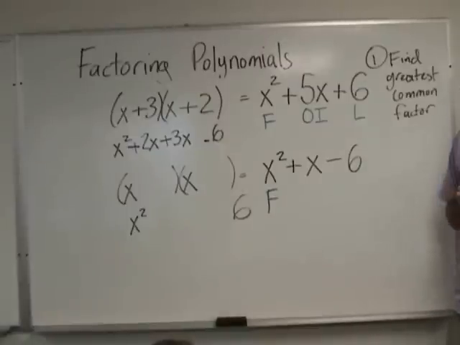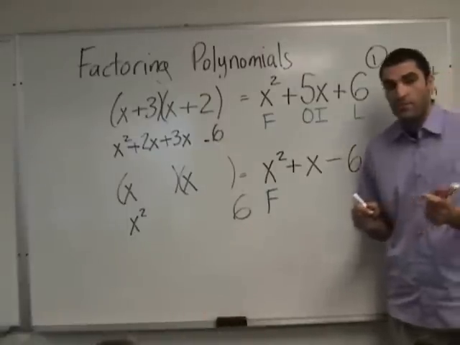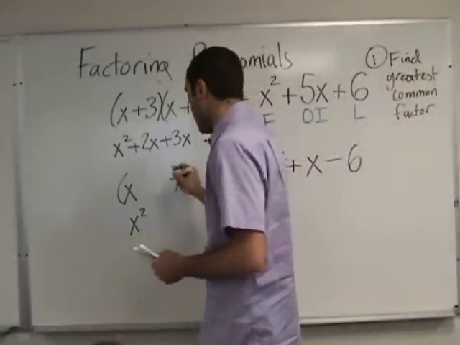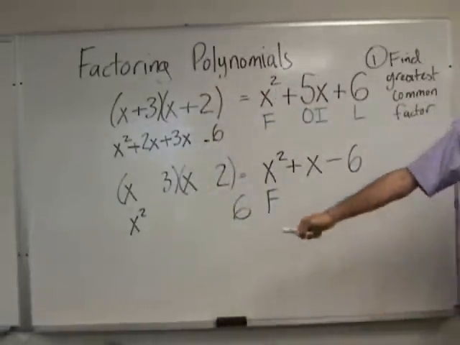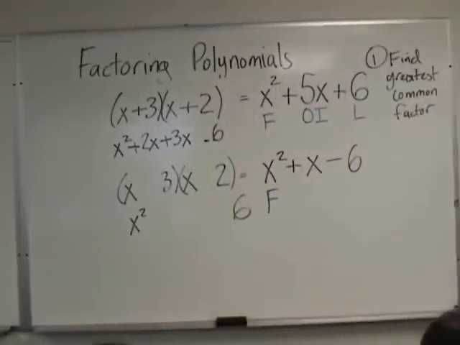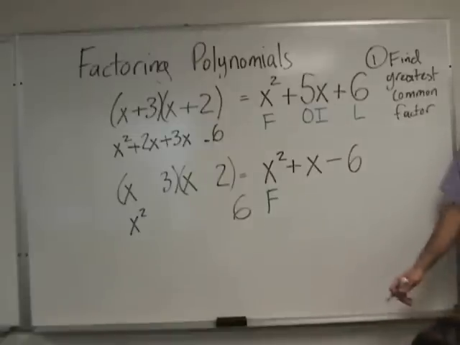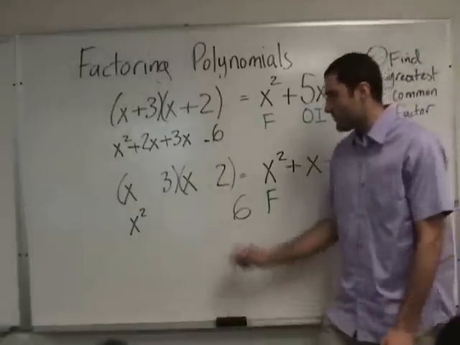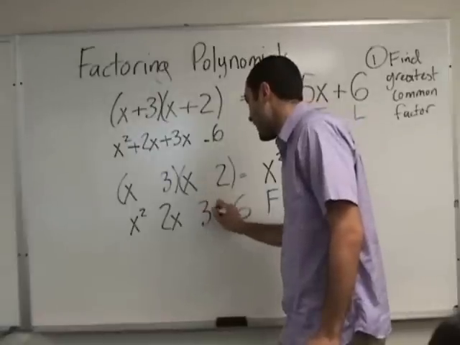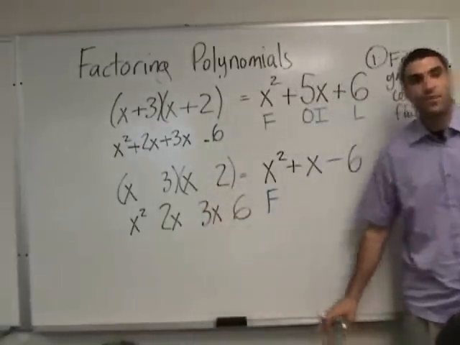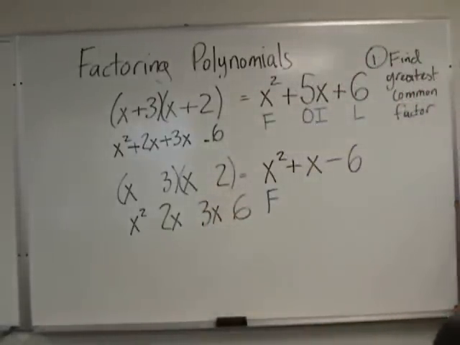Okay, so what else multiplies to 6? 2 and 3, 3 and 2. Let's do 3 and 2. Could you walk through the FOIL this time? It'd be x squared and 2x plus 3x. So we're not doing signs just yet. Okay, 2x and 3x.